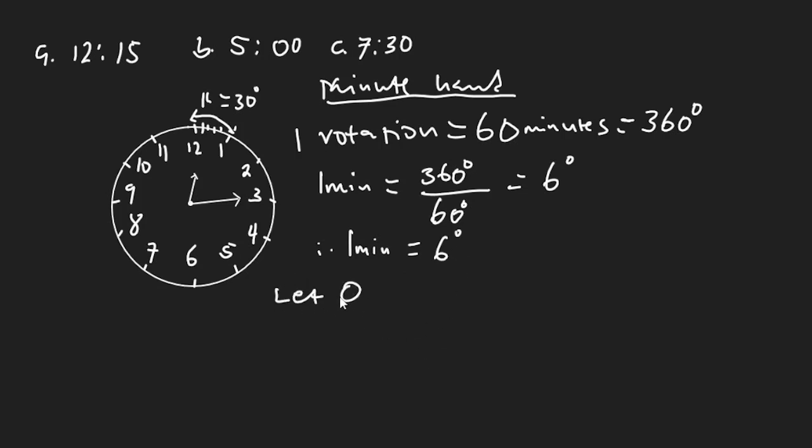Let theta equal the angle between the clock hands. So theta is equal to the angle between the clock hands. So let's find the difference between the clock hands.